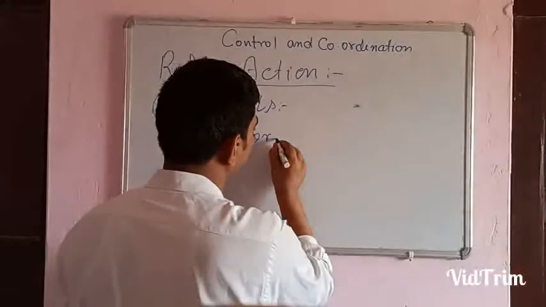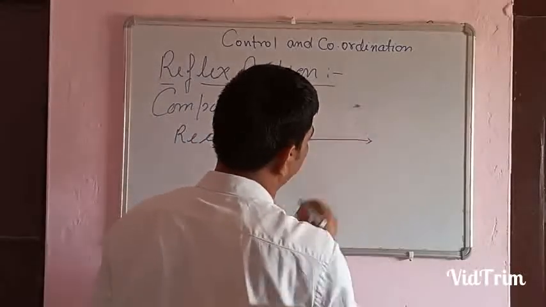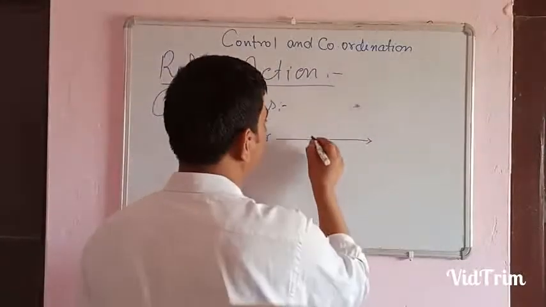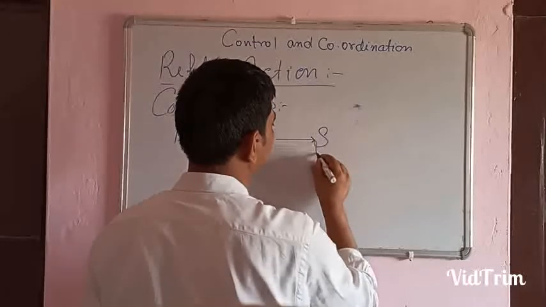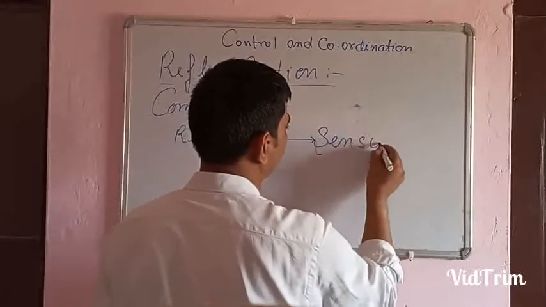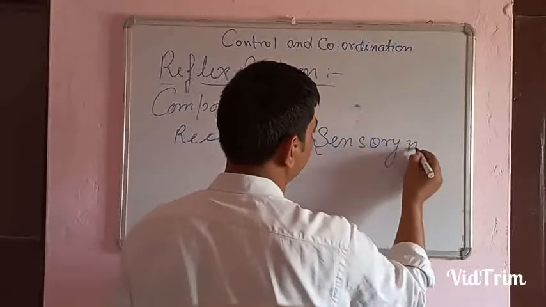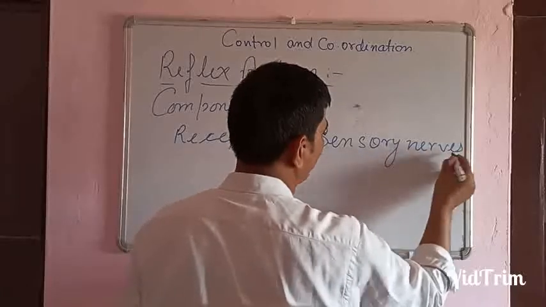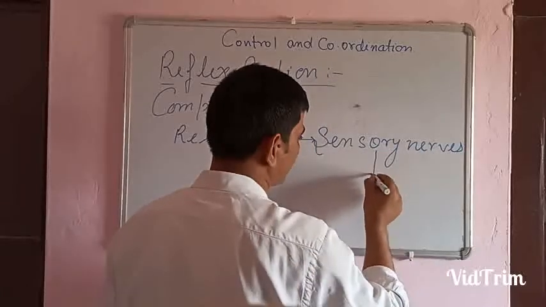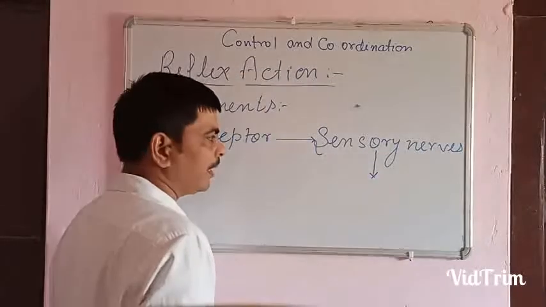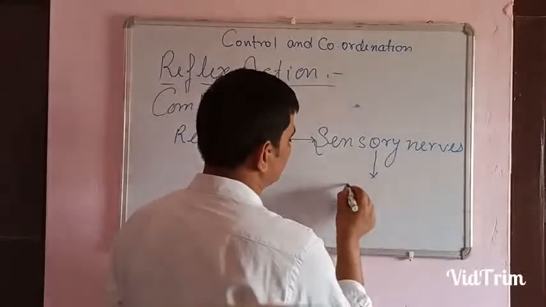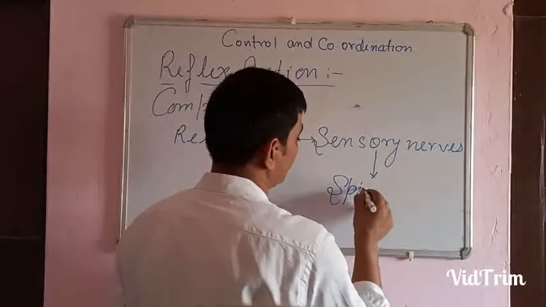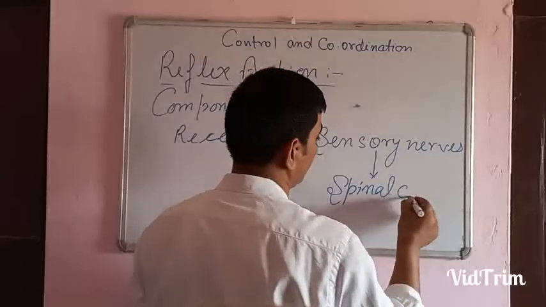Then through the receptor, with the help of sensory neurons, sensory nerves, it goes to a part of the central nervous system like the spinal cord.